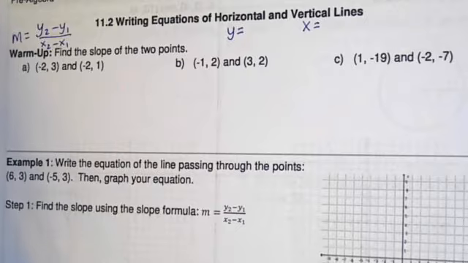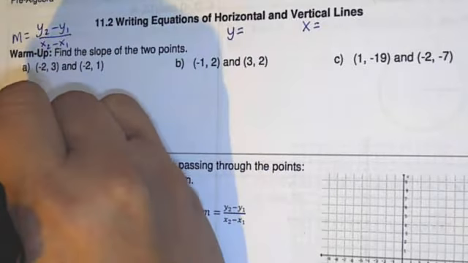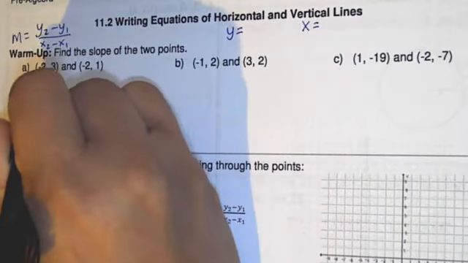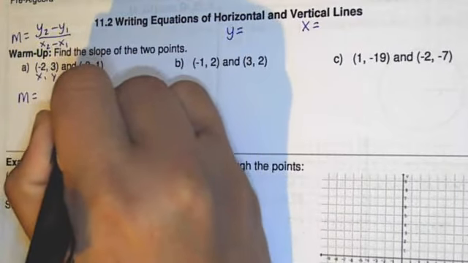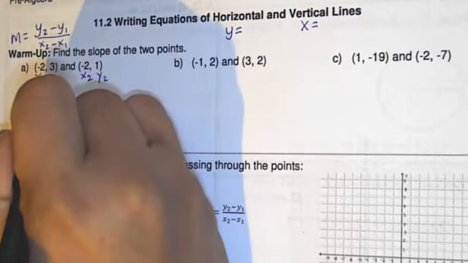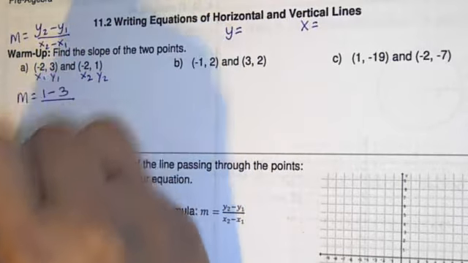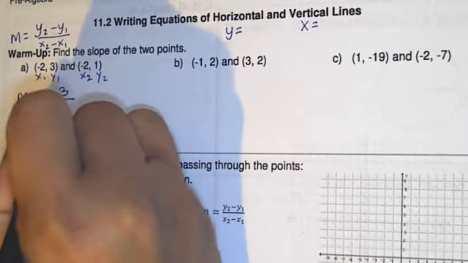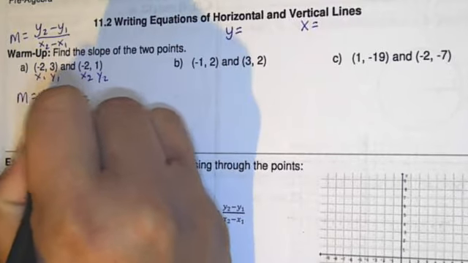You're going to see today that although it can be used on every single problem, you may not need to use it. And we'll see why. Okay, so here's what it looks like to use the slope formula. Remember, you can label your points x1, y1, x2, y2, and then just plug them into the formula. So 1 minus 3 divided by -2 minus a -2.